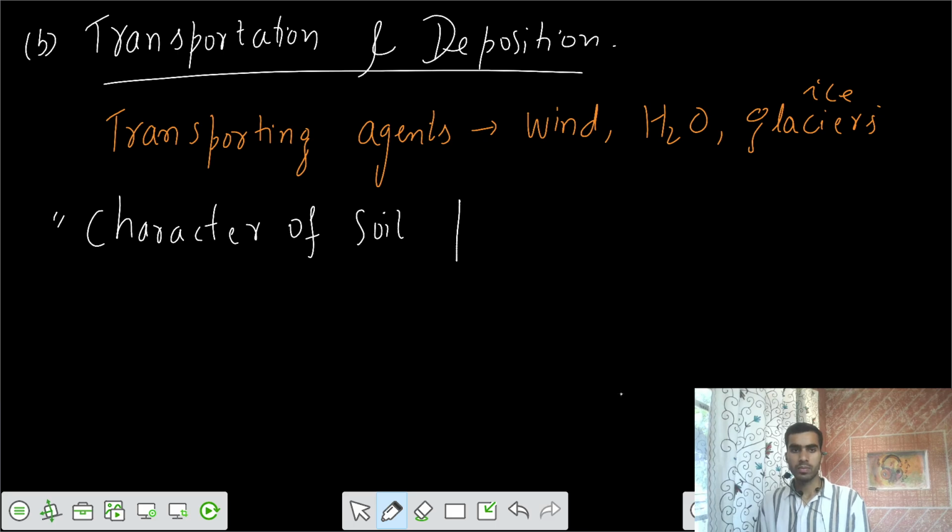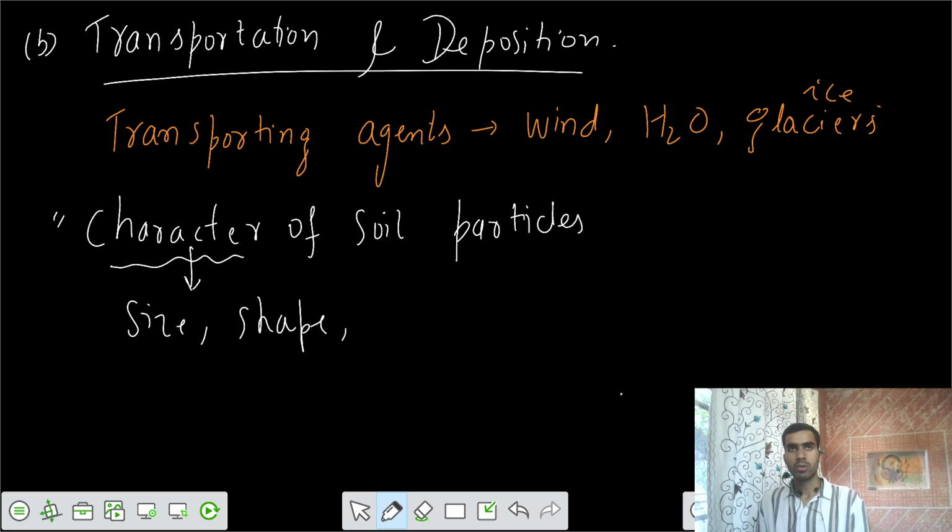character of soil particles. What do I mean by that? Character means that we are talking about the size, the shape, the surface texture of that material.